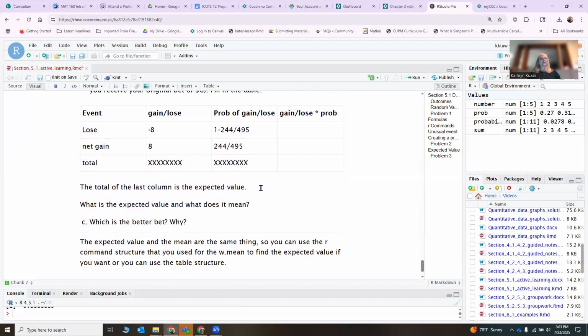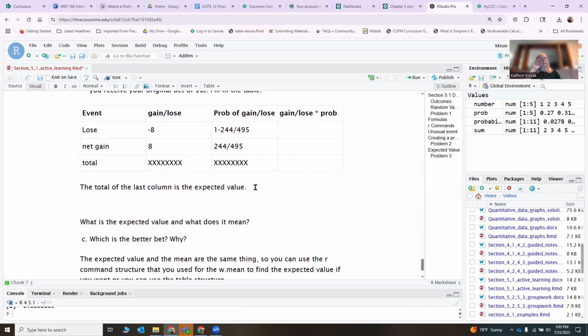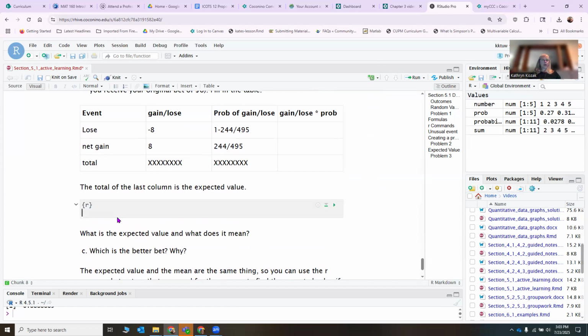Now I'm going to let R do this whole thing for me instead of the piecemeal approach I did in the last example. So I'm going to have my gain, combining the numbers -8 and 8.